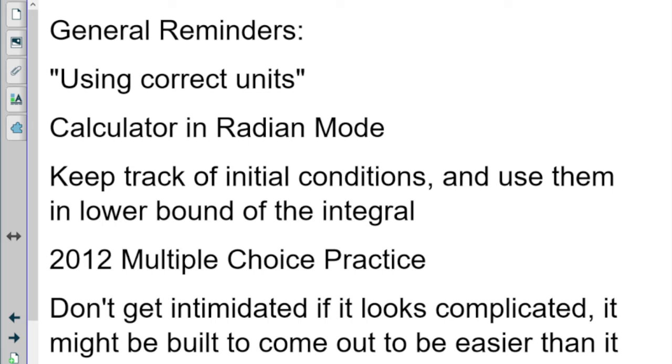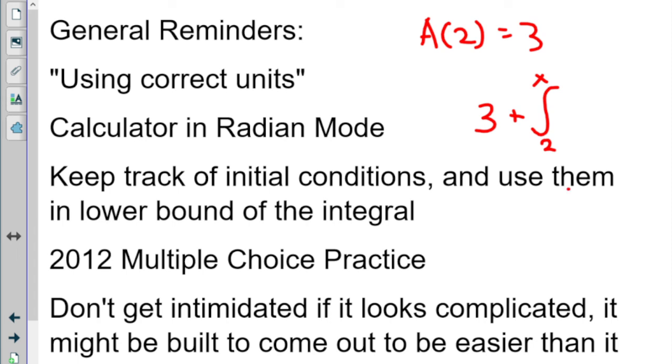Keep track of initial conditions. Initial conditions will go in the lower bound of the integral. So if it tells you that a of 2 is 3 and then gives you a rate, a prime, then your function should look like this. 3 should be your starting condition, your starting place, and then your integral should go from 2 to wherever you're going.